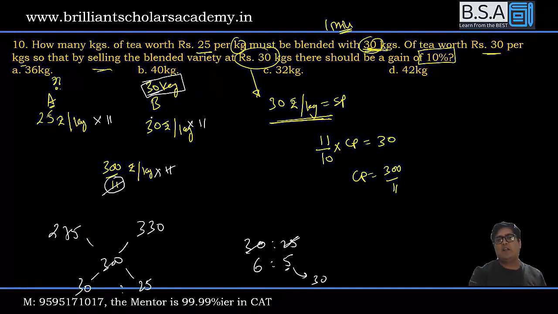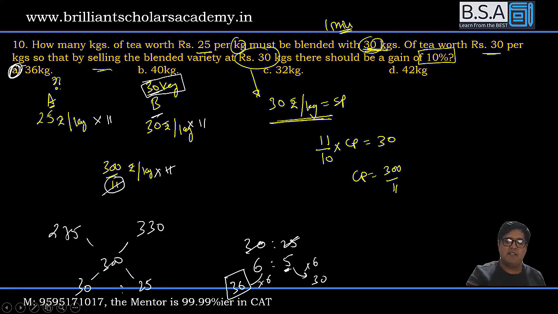This is the quantity for B. This is the quantity 5 in the ratio. It must become 30. Multiplying term 6, multiplying term 6. So 36 kilograms have been mixed with the first variety.